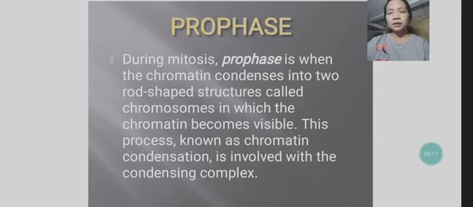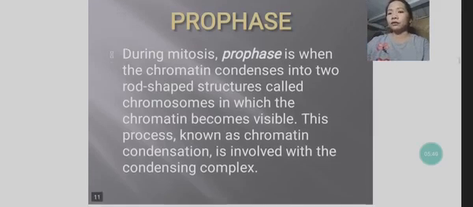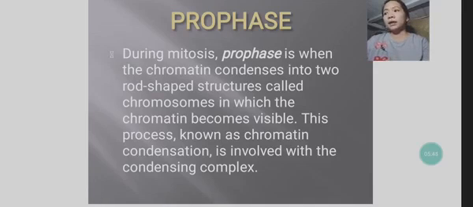During mitosis, prophase is when the chromatin condenses into rod-shaped structures called chromosomes, in which the chromatin becomes visible. This process, known as chromatin condensation, is involved with the condensing complex. It follows immediately the S phase and the G2 phase of the interphase. It is marked by the condensation of the genetic material.